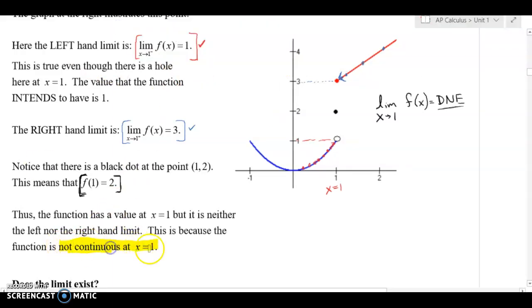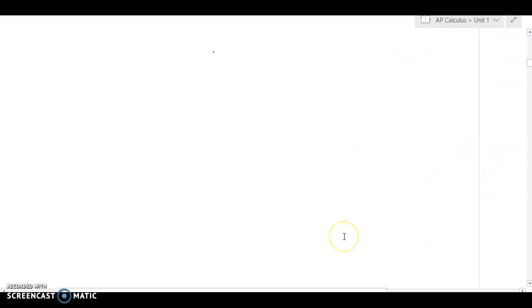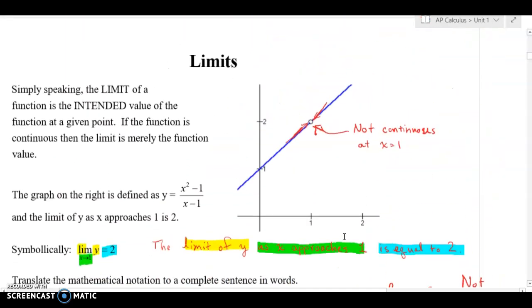Not continuous at 1. And basically, when you're given the picture, you guys can pretty much see what the word not continuous means, right? The word not continuous might mean that the two limits are different, but let's look at this one up here. This one is also not continuous, but what do you think about the right-hand and left-hand limit? The right-hand and left-hand limit is both 2, right?